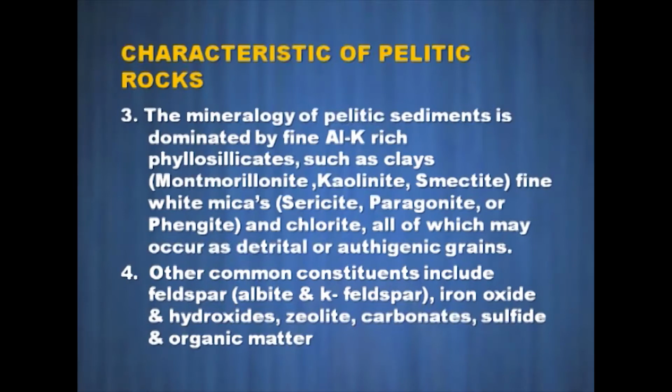Third, the mineralogy of pelitic sediment is dominated by fine alumina- and potash-rich phyllosilicates such as clay, montmorillonite, kaolinite, etc., and fine white micas, that is muscovite, paragonite or phengite, and chlorite, all of which may occur as detrital or authigenic grains.